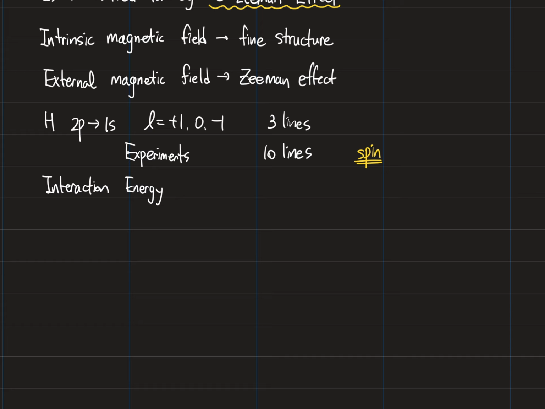So we have the orbital moment, m sub L, and the spin moment, m sub S. And the external magnetic field, let's assume the external magnetic field is aligned along the z-axis.